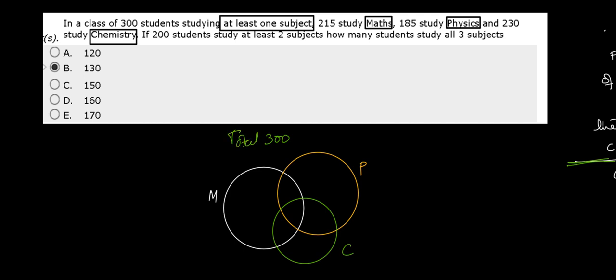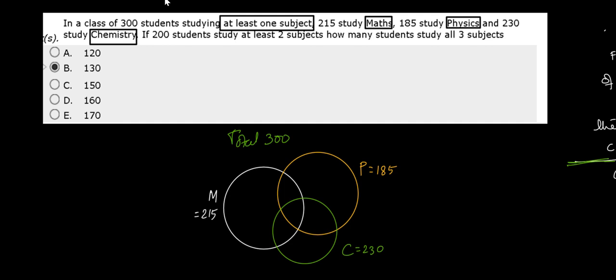There is no one outside the circles, so the total number of students within these circles is 300. Clear? Maths is 215. Physics is 185. And chemistry is 230.